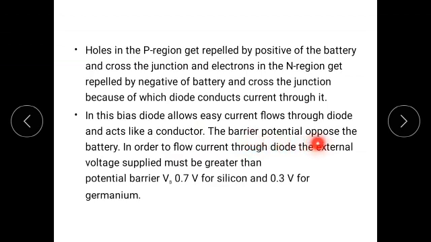The barrier potential opposes the battery, and in order to flow current through the diode, the external voltage supplied must be greater than the barrier potential. And we know that the barrier potential for silicon is 0.7 and for germanium it is 0.3 volt.